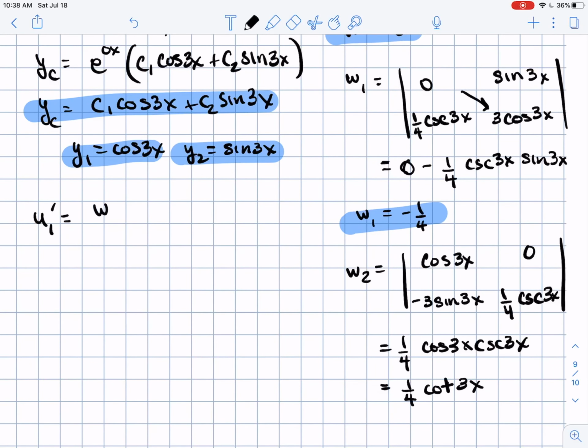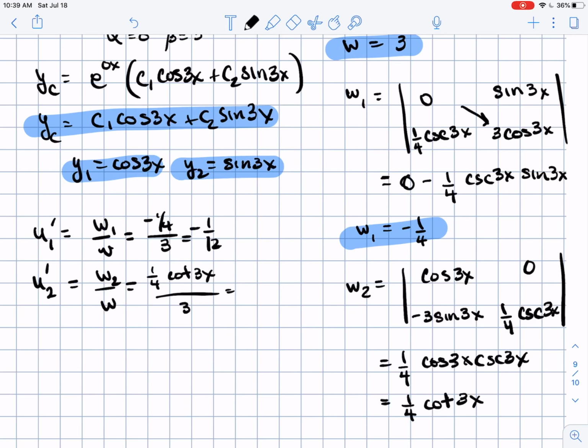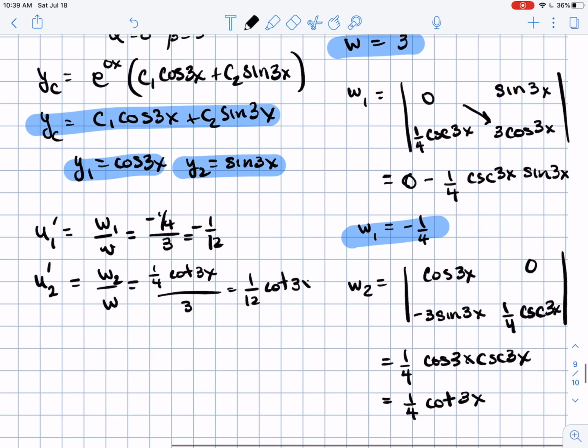Remember, it is W sub 1 over W, so we get -1/4 over 3, which is -1/12. U sub 2 prime is going to be W sub 2 over W, and in this one we have the 1/4 cotangent 3x over 3, which is going to give me 1/12 cotangent 3x.